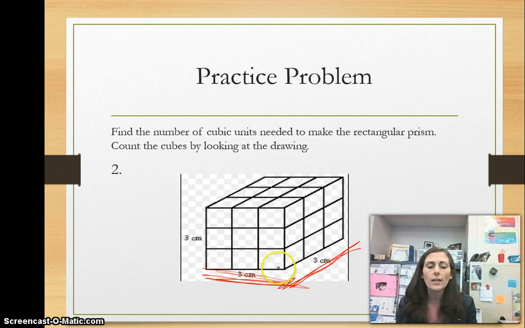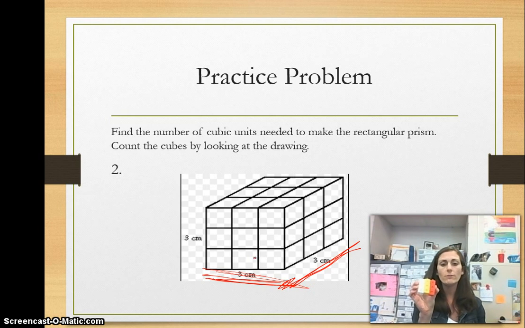So that means you're going to have 3 rows of 3. So 1, 2, 3. So you're going to have 3 rows of 3 to find the area of the bottom, and then there's 3 high. Push pause and push play when you're ready.